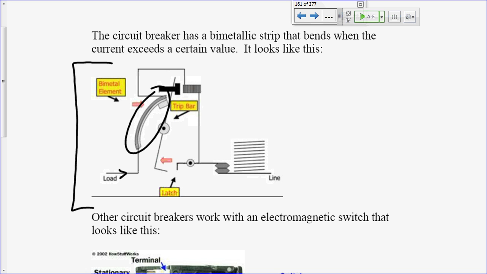If the metal bends back this way, if the current is too big, it's going to disengage the strip bar. If it goes this way, it pushes it over here, and it turns off the whole circuit. And then you have to come back and flip it back to the on position. Okay. All right?